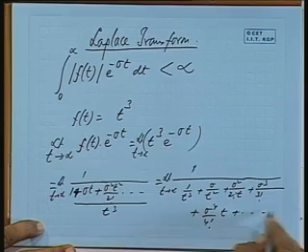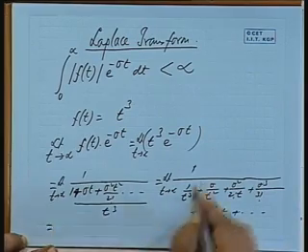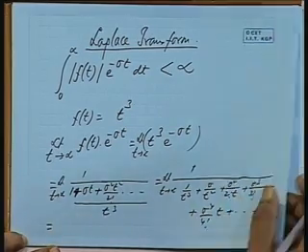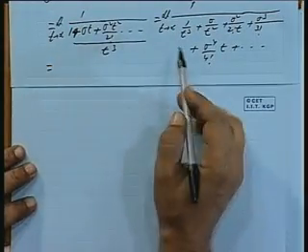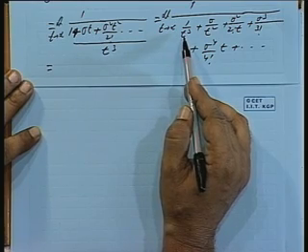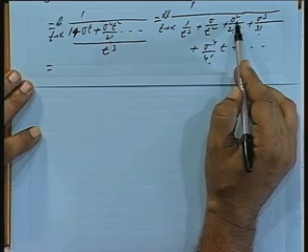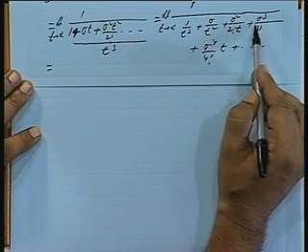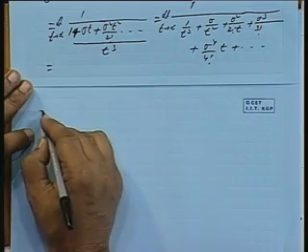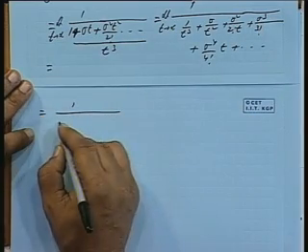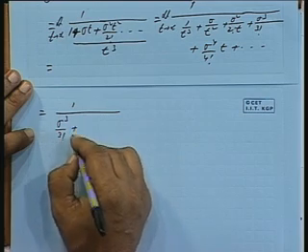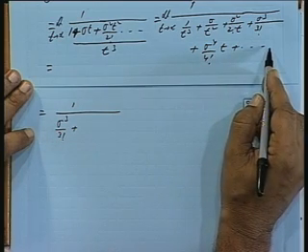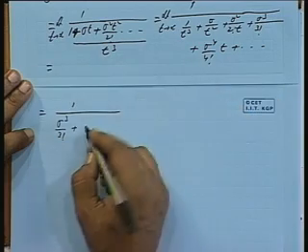Now, how much is this coming to? 1 by t cubed will be 0, this will be 0, this will be 0, this will be finite. So, it will be equal to 1 by sigma cubed by factorial 3 plus infinite terms multiplied by t.